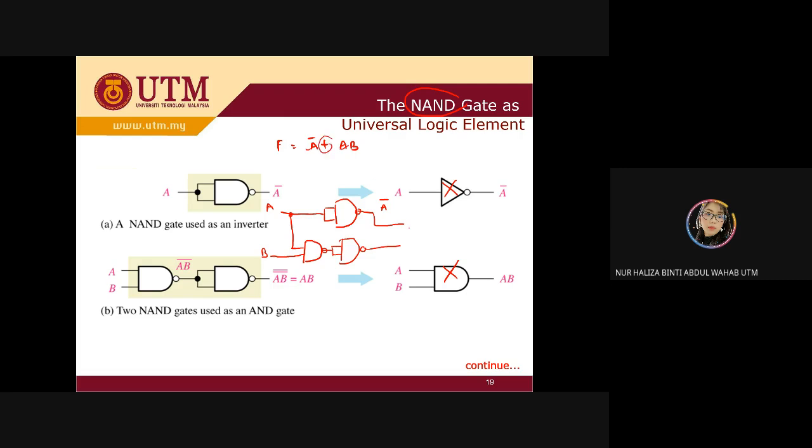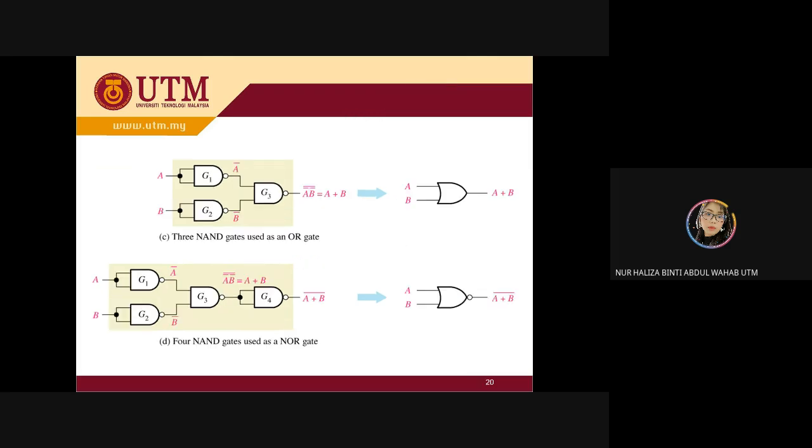And then we need to have OR, but we need to use only NAND gate. How are we going to have OR in terms of NAND gate? This is the combination of OR gates using NAND gate only. So how is this?